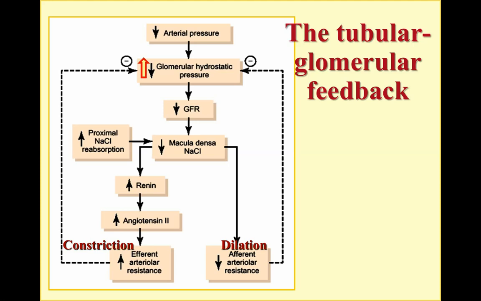So this is the mechanism of the tubular glomerular feedback in kidney, which is an important mechanism for maintaining the constancy of glomerular filtration rate, so that it doesn't become decreased, which decreases the kidney function performance, and it must not be increased, because in this case we cannot reabsorb all necessary substances.